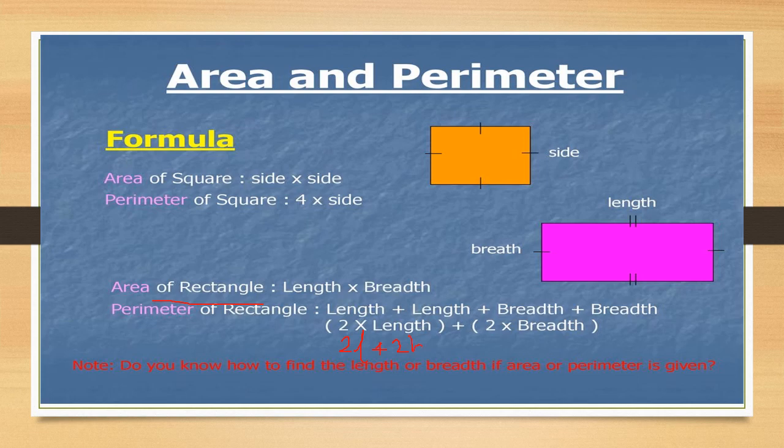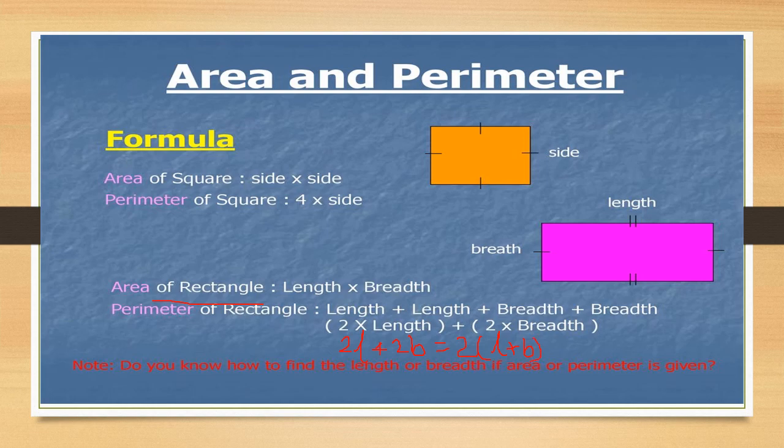This is perimeter of rectangle. Otherwise, we can say this as 2 into bracket L plus B. Yes, these things already we learned in 6th standard, right?